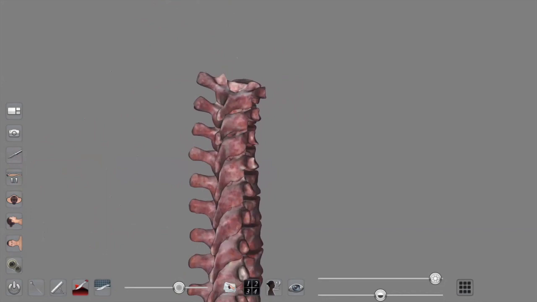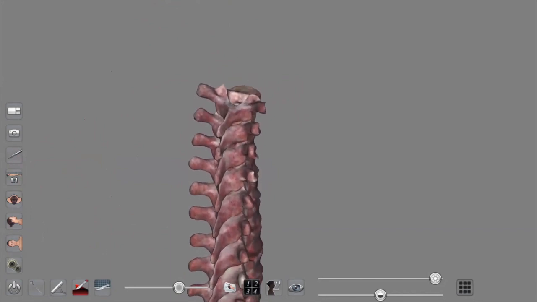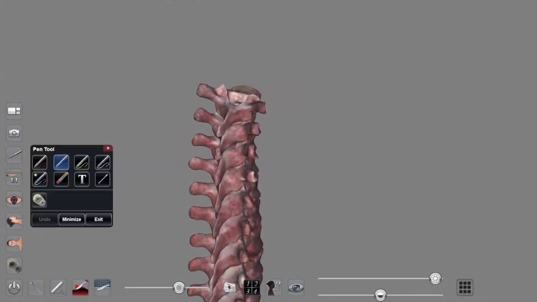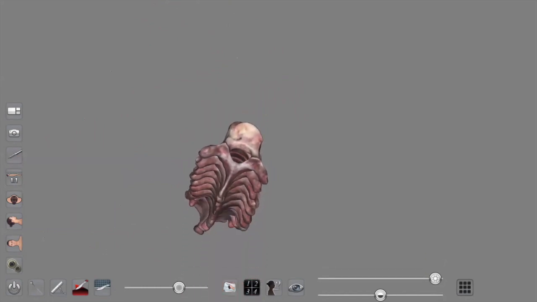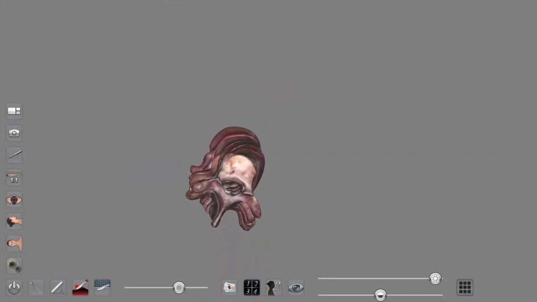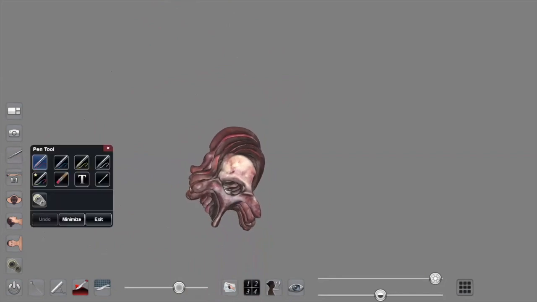The lamina. And connecting the rest of the vertebra with the body, here and here, the pedicle.